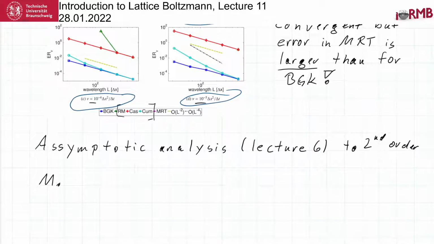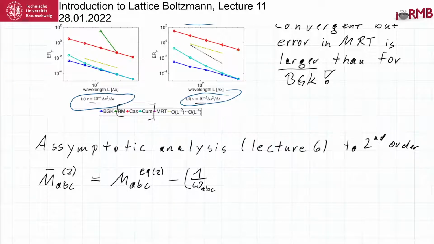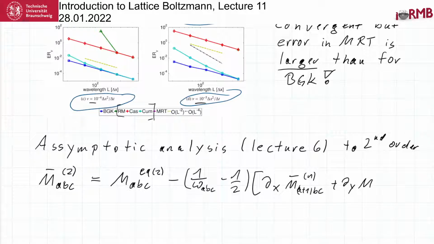So the expansion to second order: M_abc to second order is M_abc equilibrium to second order minus, here comes the relaxation of any particular moment, which I now specify as omega_abc, of course, minus 1/2, times d_x M_(a+1)bc first order plus derivative in y direction, first order, M_a(b+1)c, plus derivative in z direction of M first order, M_ab(c+1).